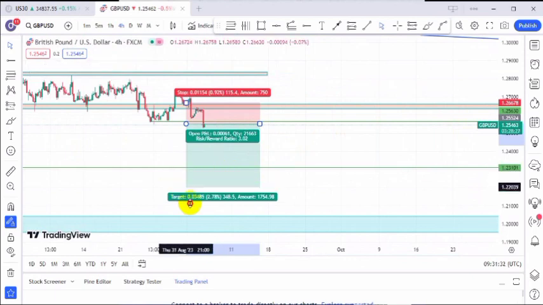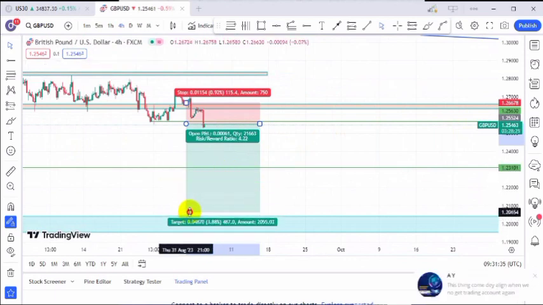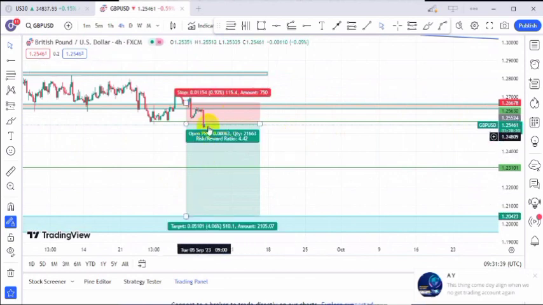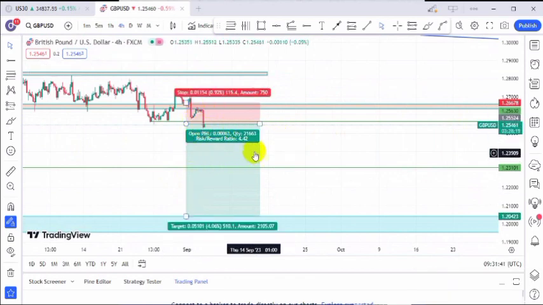And my last take profit will be around there. So this is a 1 to 4 trade. I'm risking 1% to make 4% of my profit. So if I'm risking $2,000 on this account, I'll be getting back $8,000.